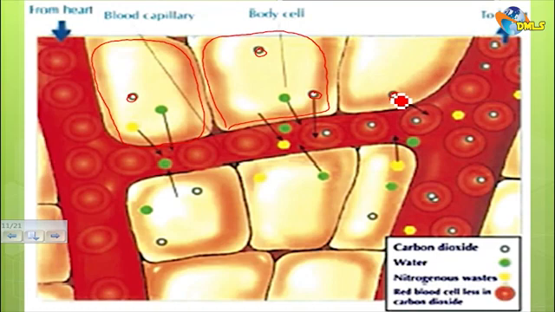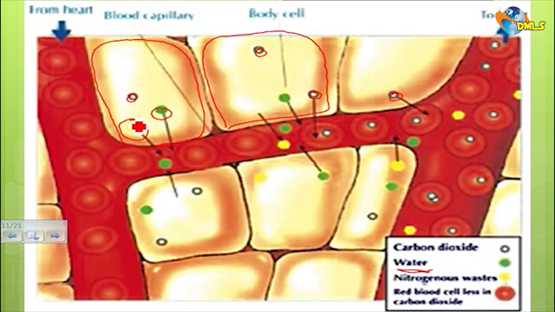And here the green circles are water, and the nitrogenous wastes we express by yellow rings.